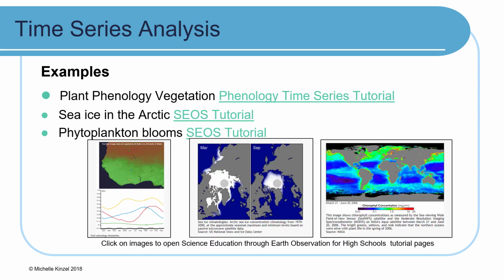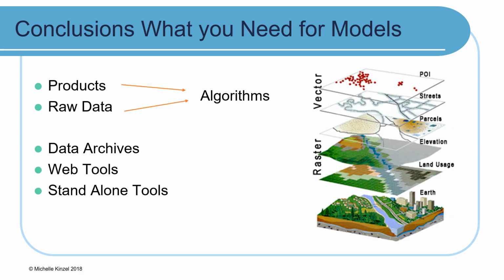So here are some examples: plant phenology, vegetation, sea ice in the Arctic, and phytoplankton blooms. These are all tutorials that are available to you if your work as a remote sensor is going to involve any of these topics, or if you are just curious to see the procedure, please explore these tutorials.